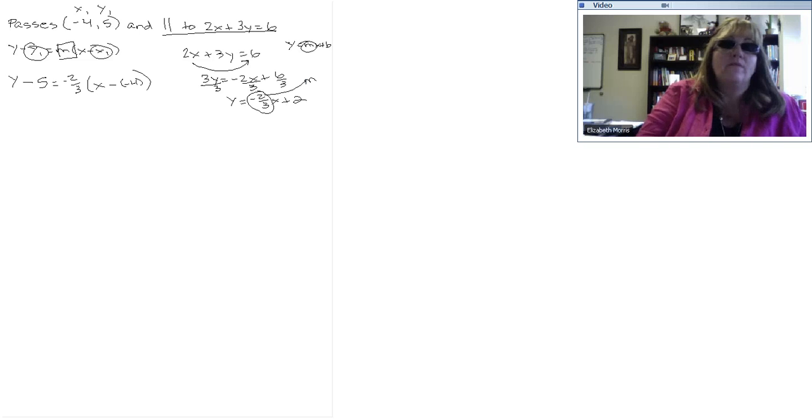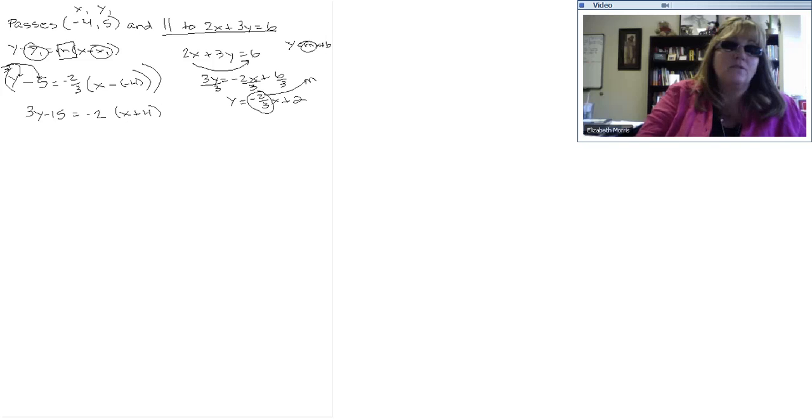Okay, we have a fraction. Let's get rid of it. How do we do it? We multiply by the denominator. 3 times y is 3y. 3 times -5 is -15. 3 over 1 times -2 over 3 is -6 over 3, which reduces to -2. And then I'm going to change that to plus.